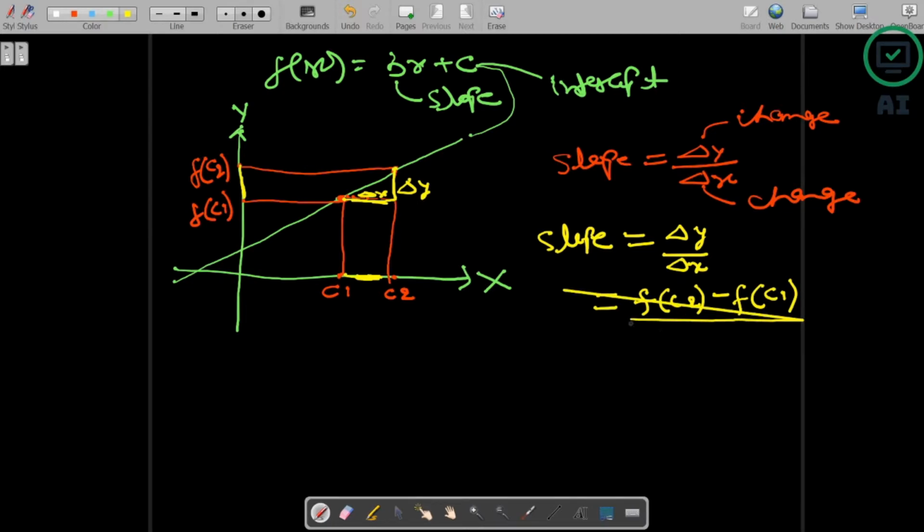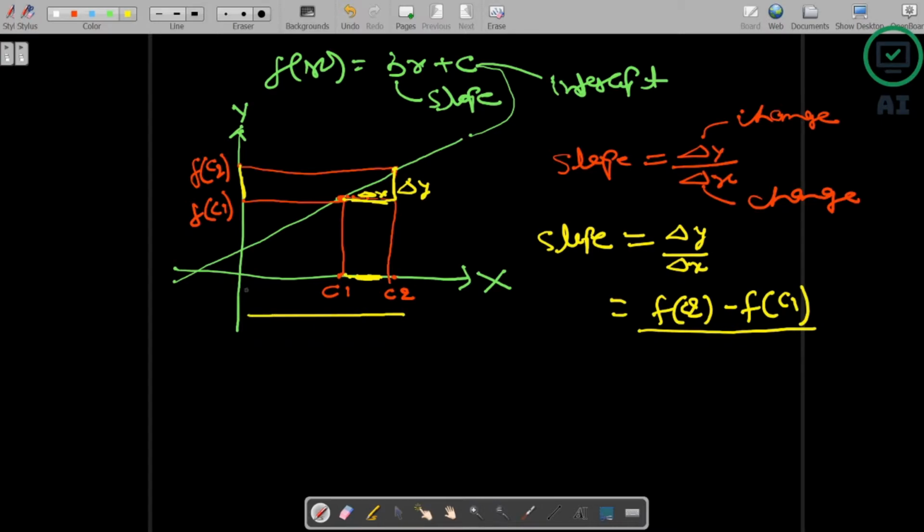So delta y is f(c2) minus f(c1), and delta x is this one, the change in x. This is c2 and this is c1. So delta x is nothing but c2 minus c1, and this is the slope between these 2 points.